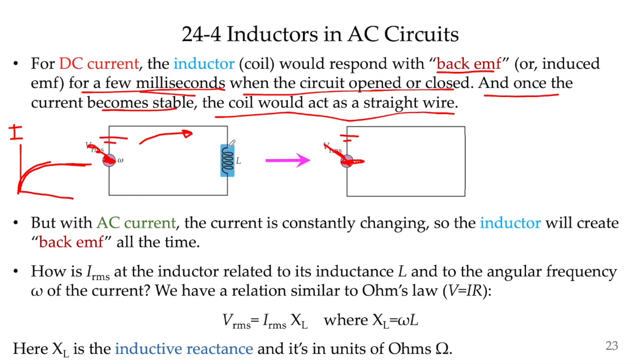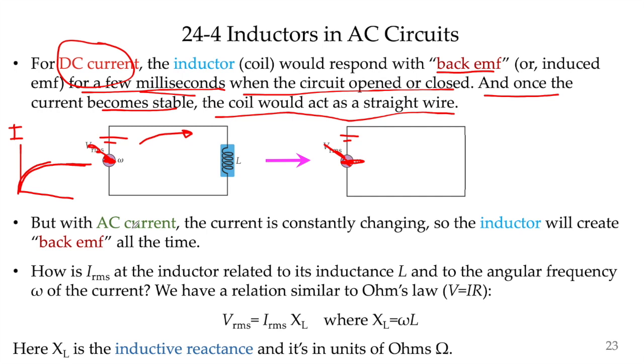It's actually a wire, but because it's a coil, it can produce a magnetic field, and the change of magnetic field, the change of flux, causes the inductor to create back EMF in the circuit. But it only takes milliseconds. After that point, it will just be like a straight wire in DC circuits.